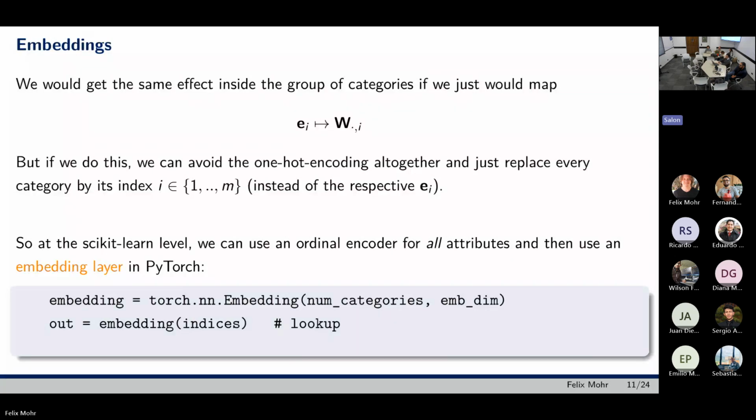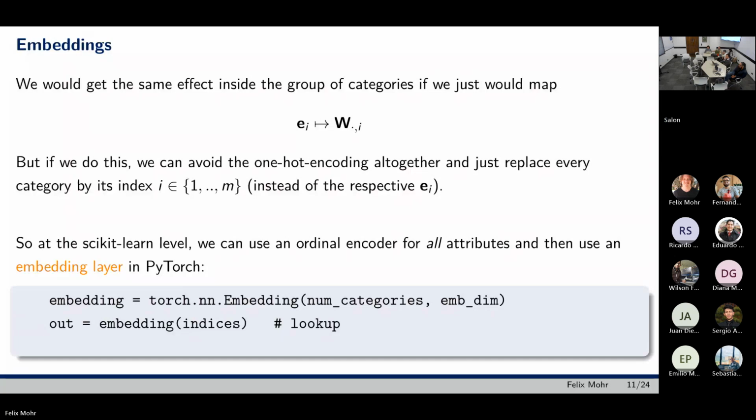This layer does not receive strings, so you have to previously encode this with integers, and every integer represents a category. This goes into the layer, and the output is then the numeric representation in real values.